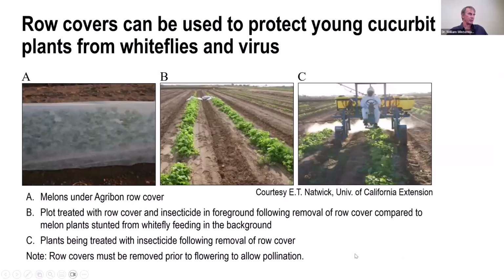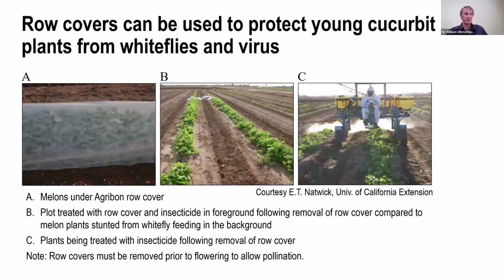Another really nice method that was described earlier is the use of row covers. These Agribon row covers are useful because they can protect plants for quite some time prior to flowering, allowing the plants to get some size on them. The bigger the plant, the longer it's going to take for symptoms to develop on that plant when it becomes infected. So you're buying yourself time with these row covers.